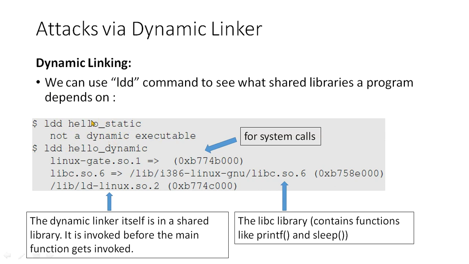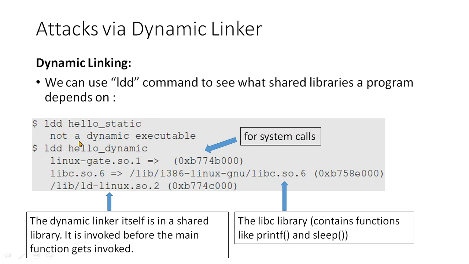If we compile a static version, then there is no dynamic library missing. So everything is complete, it's inside here. It doesn't take any additional piece of code. Everything is in here. So it's very safe. If we run a static program, we are safe because it asks for no more inputs.